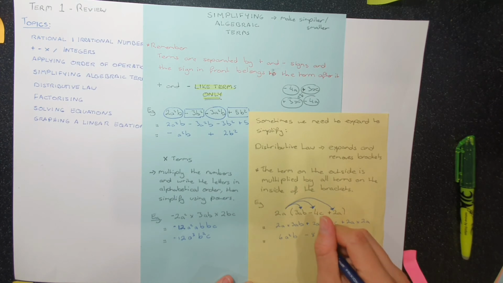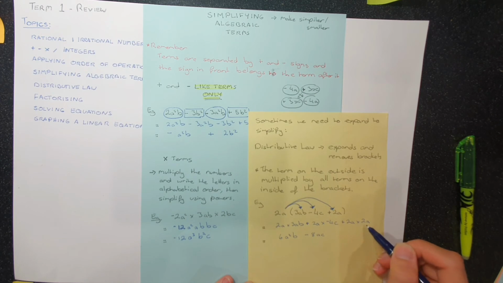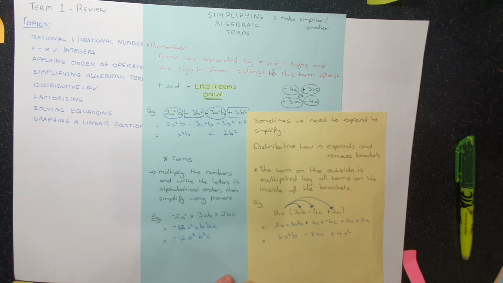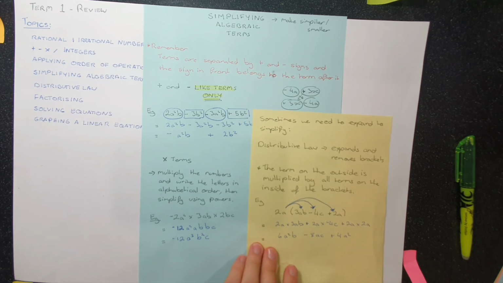A times c is ac. And positive 2a times positive 2a, positive 2 times positive 2 equals positive 4, and a times a is a squared. So distributive law, we're removing the brackets and we are multiplying every term on the inside by the one on the outside. Let's quickly jump across to factorizing.